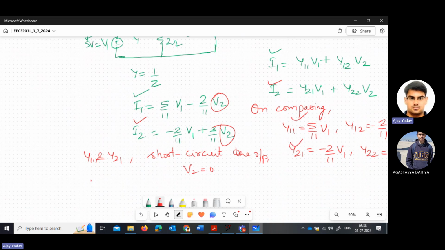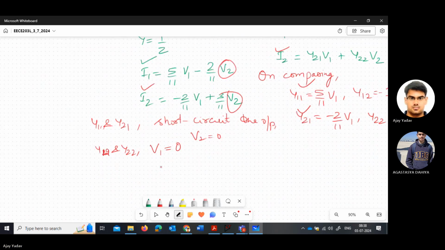Similarly, for Y12 and Y22, we have to make your input voltage source 0, or you have to short circuit your input. So when you do that, you will get your values of Y12 and Y22.